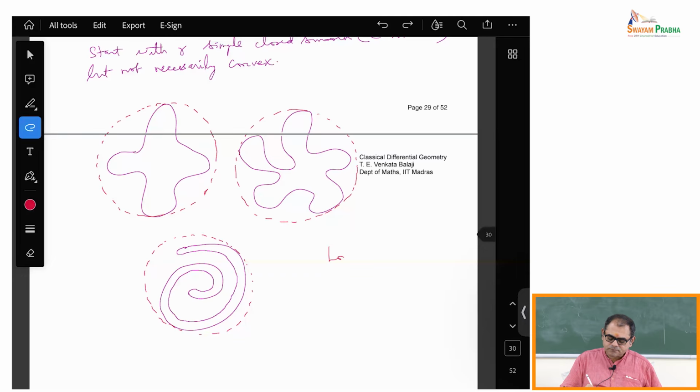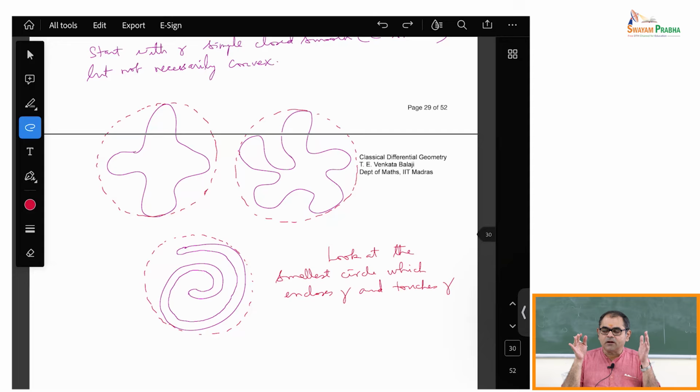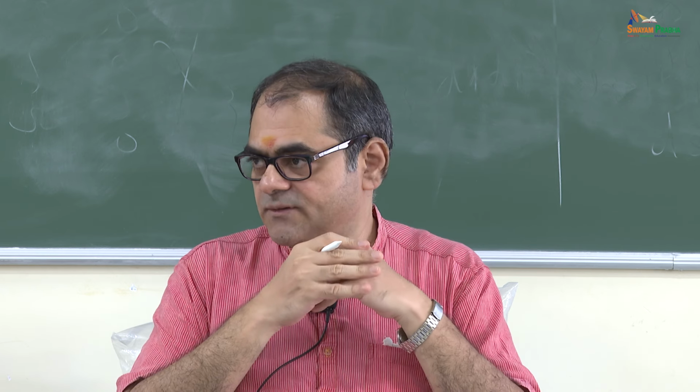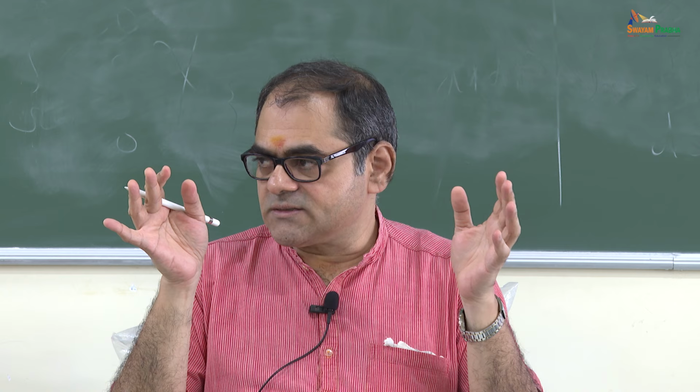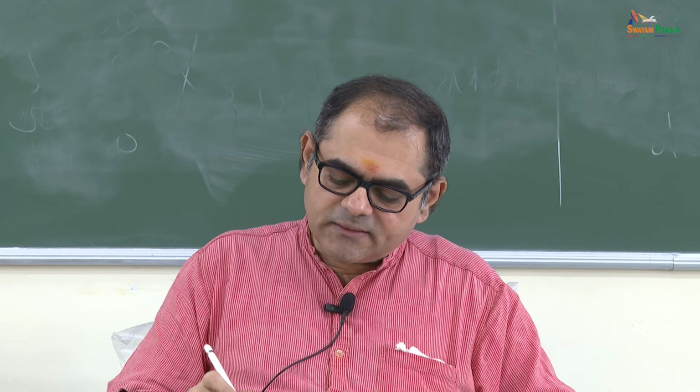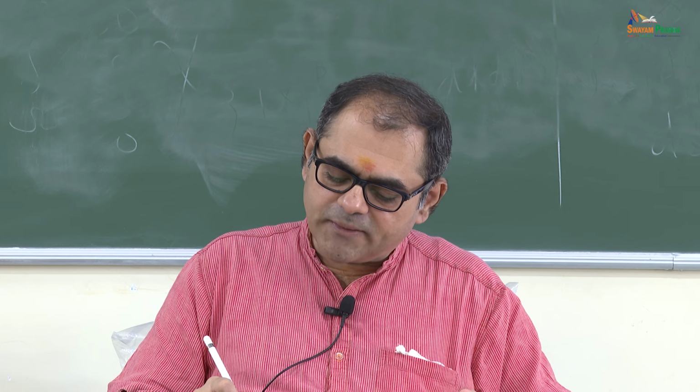So look at the smallest circle which encloses gamma and of course touches gamma. That means all the points of gamma are contained either on the circle or in the interior of the circle, and you choose among all these circles the smallest one. Let us call this circle C.